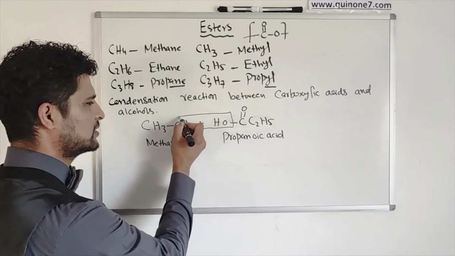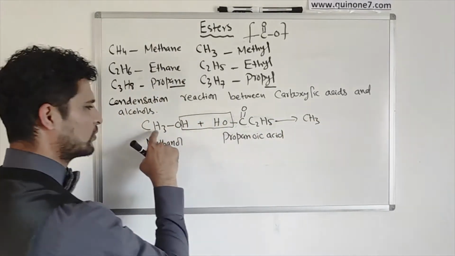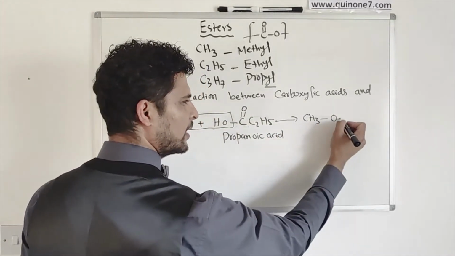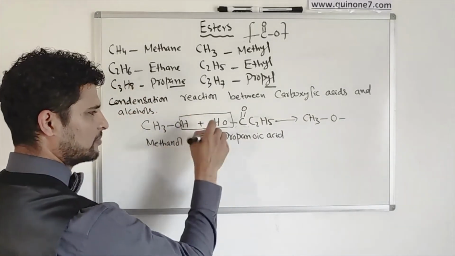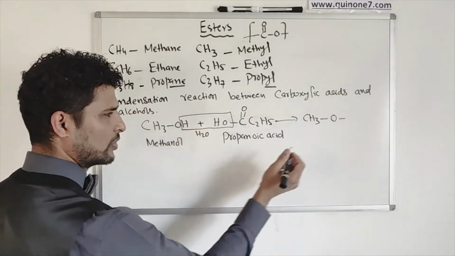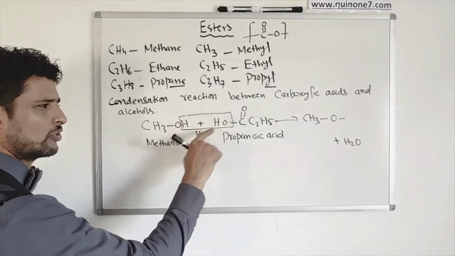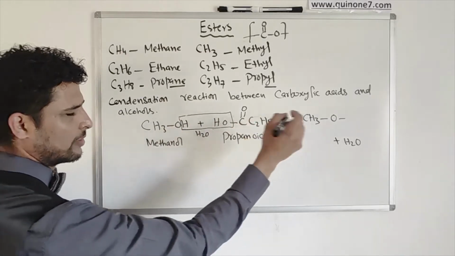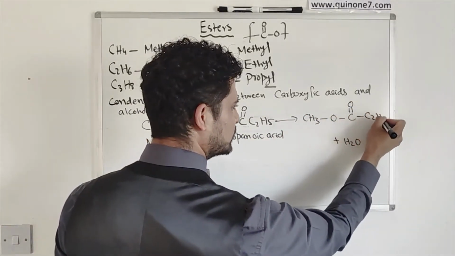So in this case, you write the alcohol's first part as it is, CH3O, and then put a bond there. This will come out as H2O. So one of the products in a condensation reaction is water. This one is gone as water. Then after this O, you connect this O directly to this carbon atom of the carboxylic acid, and this will be C2H5.